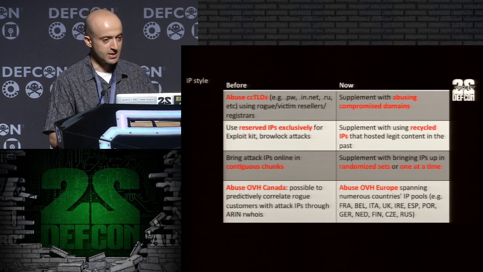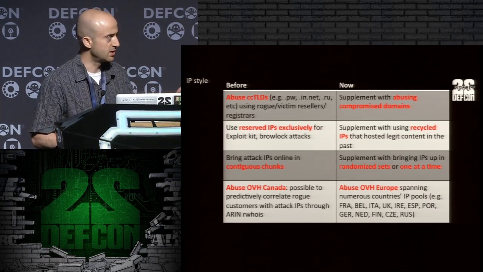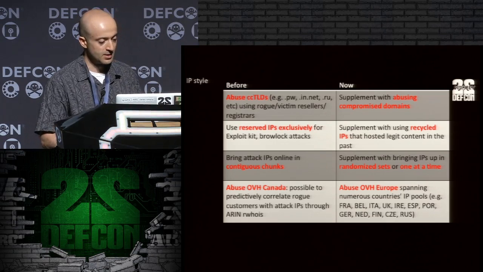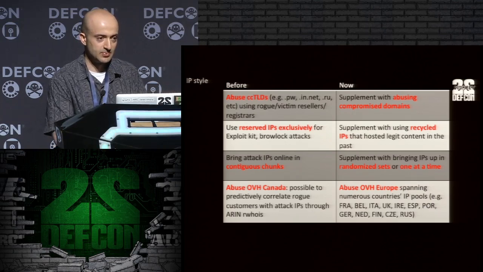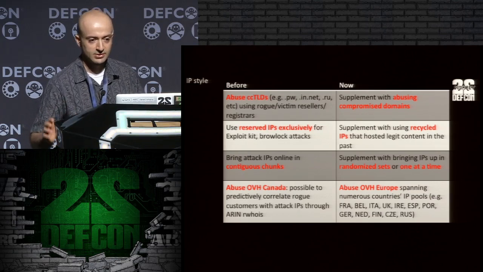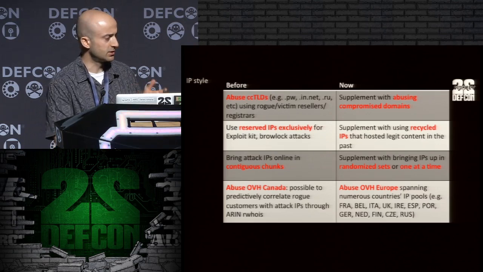The second thing is that the IPs that they reserved were all exclusively for attacks. Nowadays they complement that with recycled IPs that hosted legit stuff. And third, they used to bring the IPs all in contiguous chunks, all together. Nowadays it's randomized, one at a time, whenever they feel like it. Again, these are evasion techniques that are clear in this case.